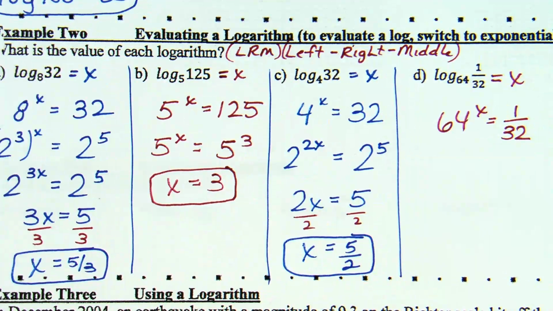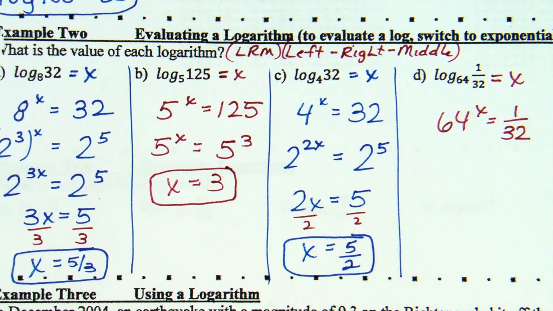I see 2 numbers there, 64 and 32. What can you figure out about 64 and 32? It is half of 64, but think in terms of bases. 4 to the 3rd.